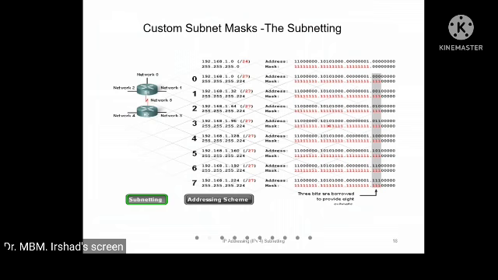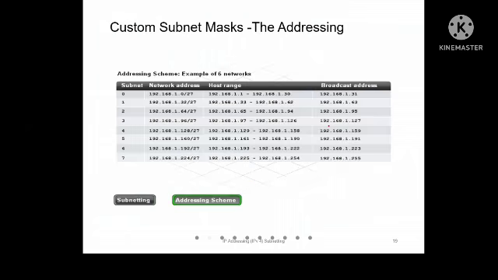Anyway, before you use the calculator, let me explain how you can do it manually, and later you can think about doing subnetting with the help of a calculator. Ultimately you will get results like this table.